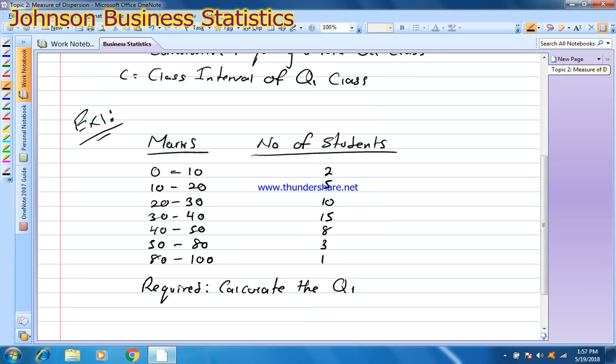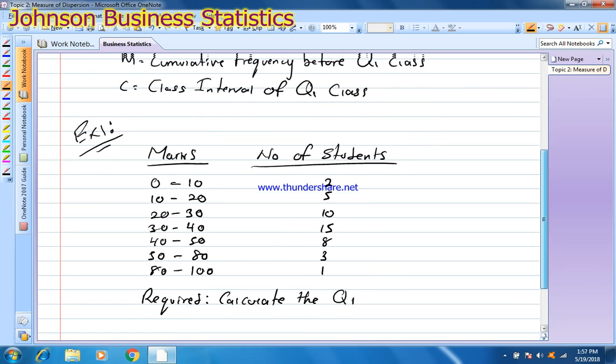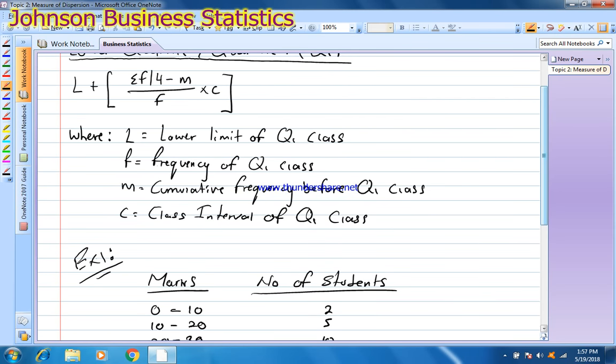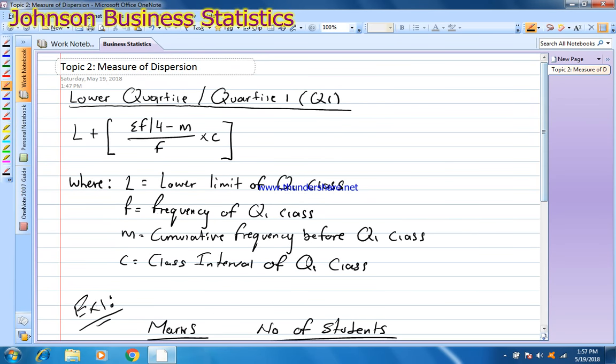Okay, so this is the formula. Now this formula is the same as the median that we previously learned in topic 1. In the median, what happens?